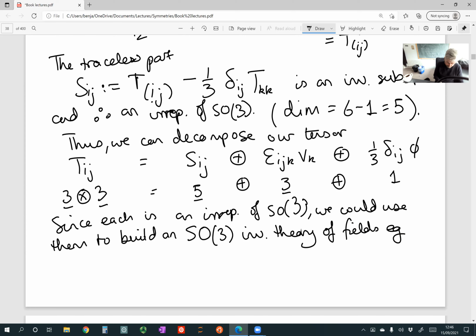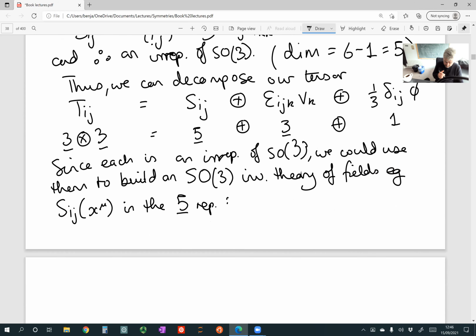So for example, let's take Sij. So we have 5 independent components of this. Let's take them to be real scalar fields, so they're really functions of x mu in the 5 representation as we showed above.